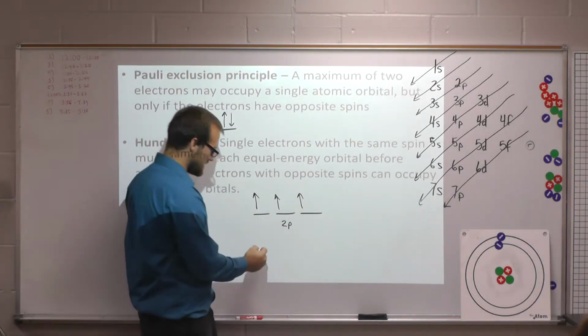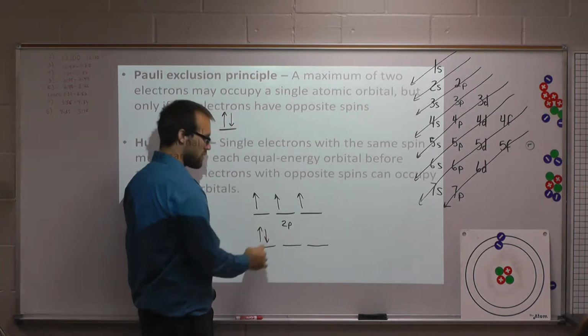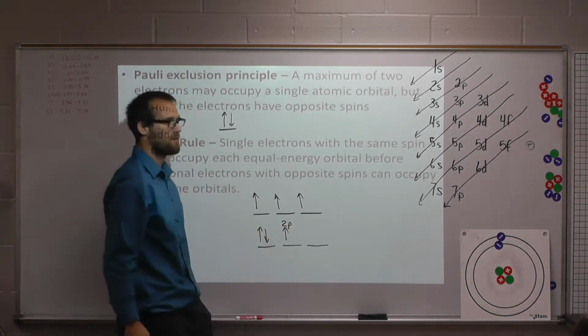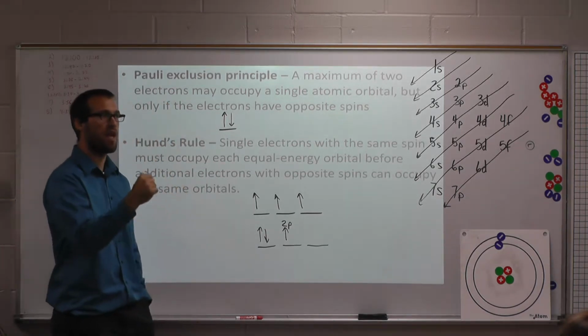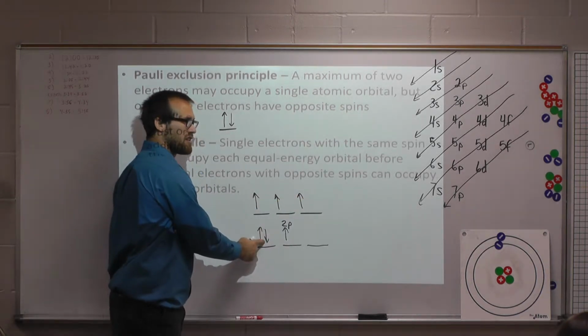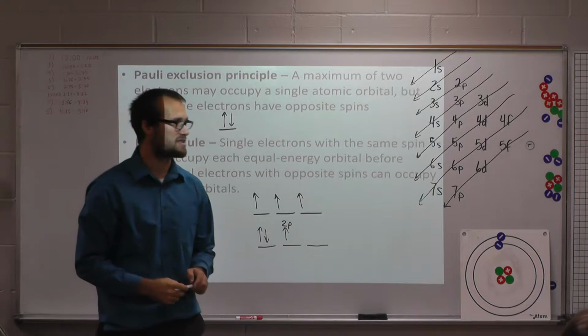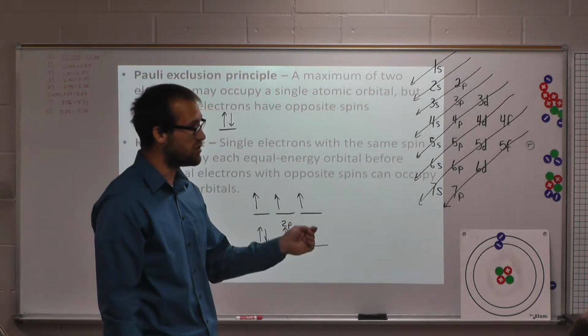This is what it doesn't do. It doesn't fill the first orbital with 2 and then do that. Because it's actually more stable and lower energy to have an electron in each. As soon as you put that second electron in there, you've got some of that magnetic stuff going on, and so it's higher energy to have 2 versus 1 in there.